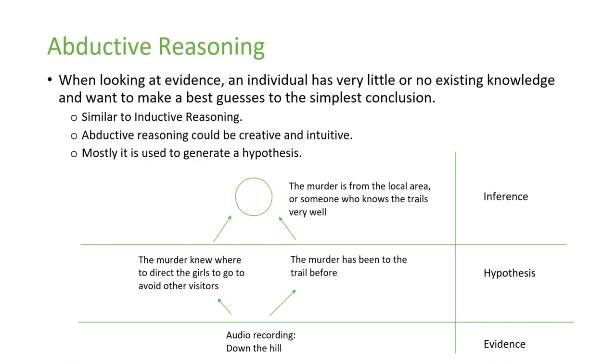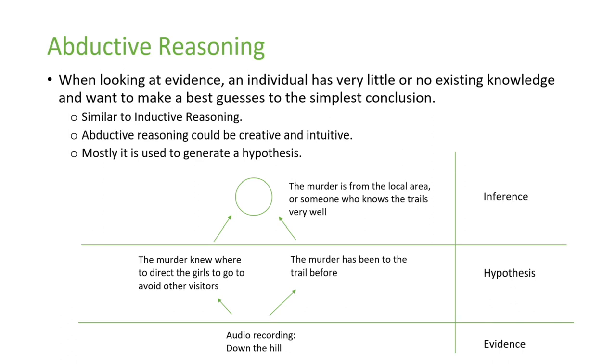On the other hand, in adaptive reasoning, because a person has very little or no existing knowledge, he or she makes a decision based on intuition. Therefore, adaptive reasoning is mostly used to generate a hypothesis.